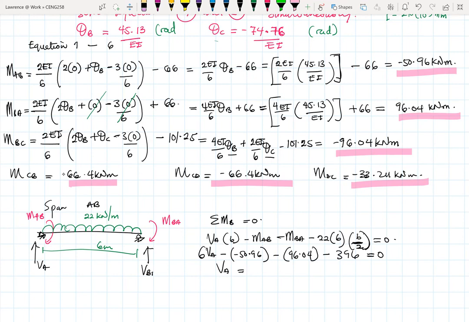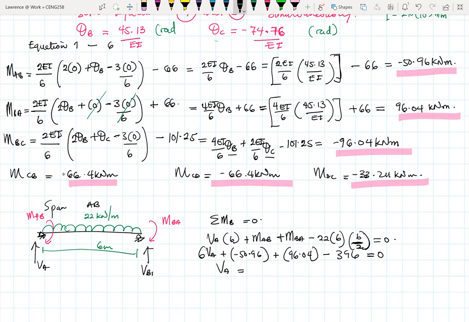The MAB and the MBA are in the same direction as our moment, so this is actually plus, and this is plus. Somewhere in my head, I was thinking I was doing summation of moments about A rather. So they are both plus. Let's correct that. This 22 term remains negative.